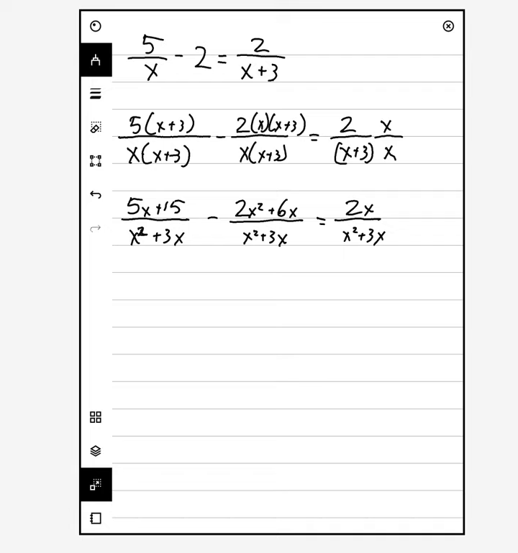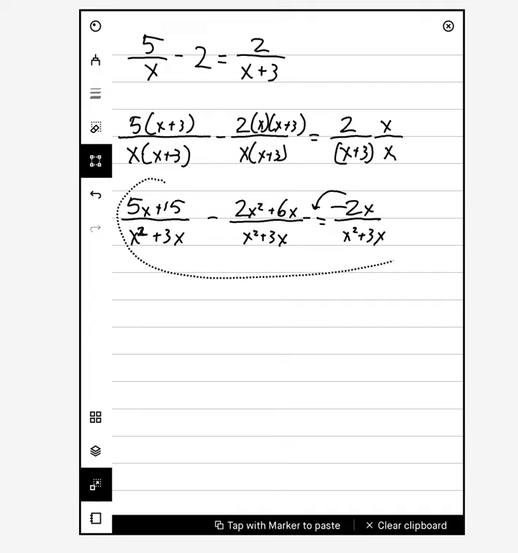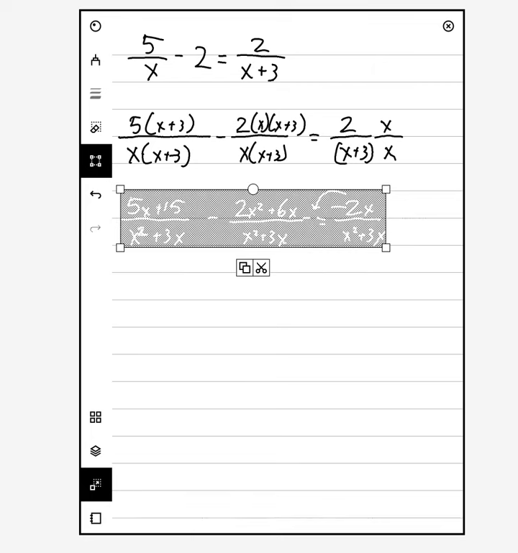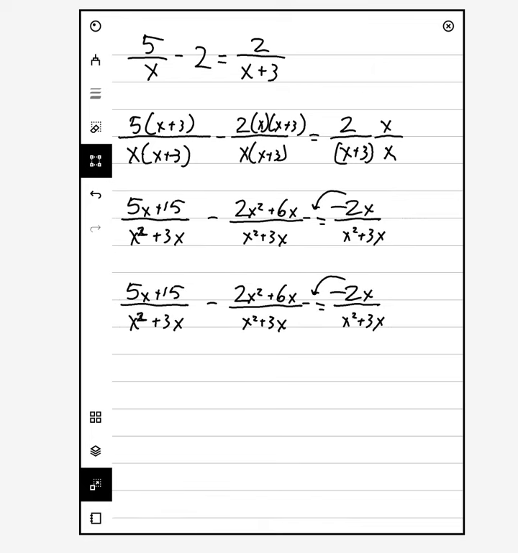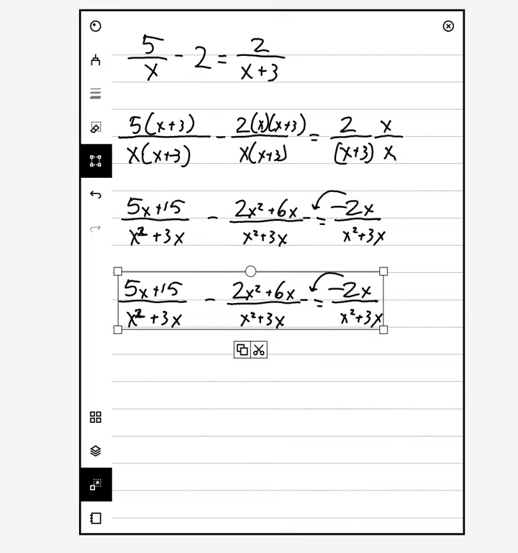Actually, before we write it all over the same denominator, let's bring this guy over here so we can have everything on the left side equals 0. So in order to do that, we need to minus this. So let's subtract this guy, and then that means when he comes over here, it's going to be negative this. So here, I don't feel like writing everything, so I'm just going to copy it. Just going to bring it down. Okay.